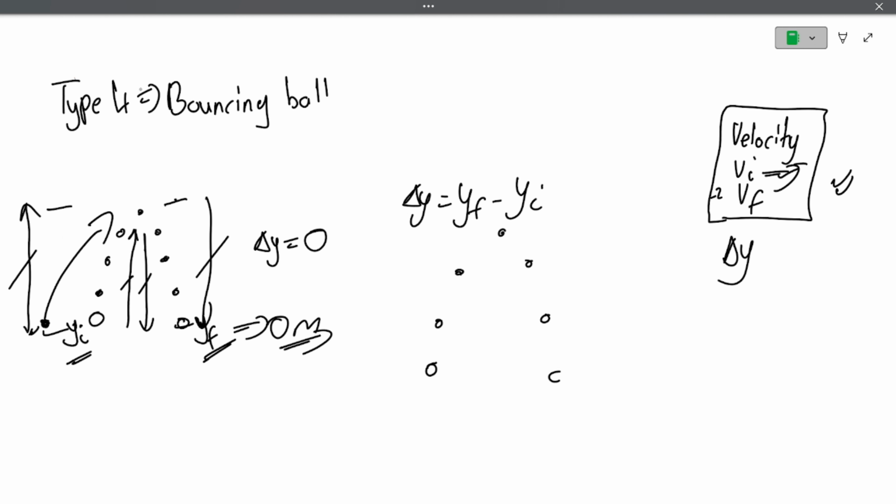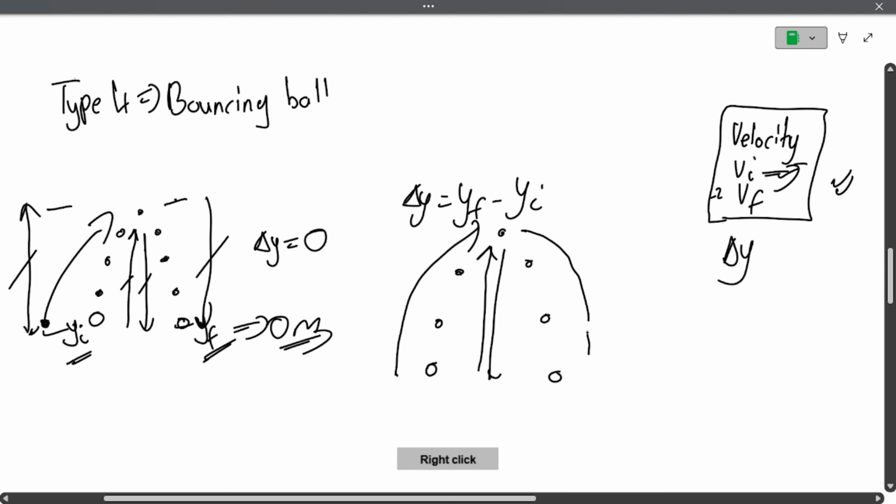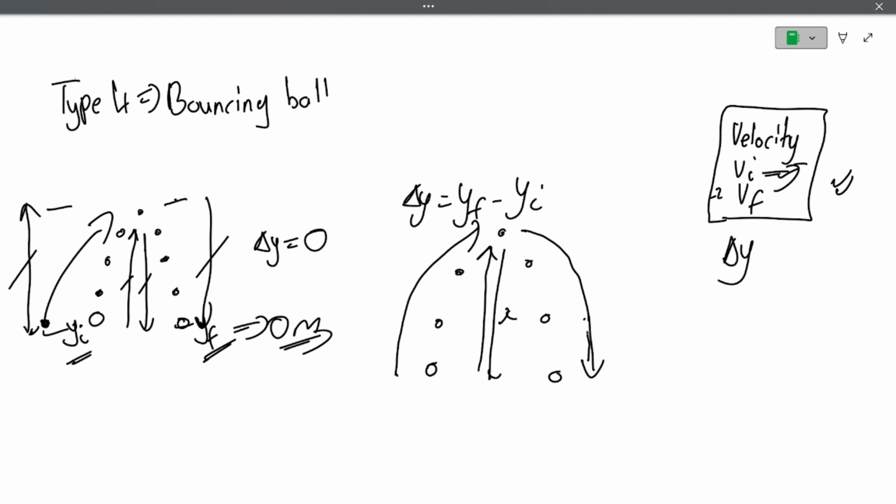If they ask you to calculate the height from where the ball started to the maximum height, you can just calculate the height from the maximum height to where the ball ended, because if this one is x meters, this one will also be x meters, because the distances are equal. So that's what we have to know about the displacement.